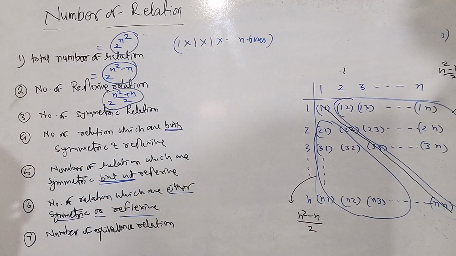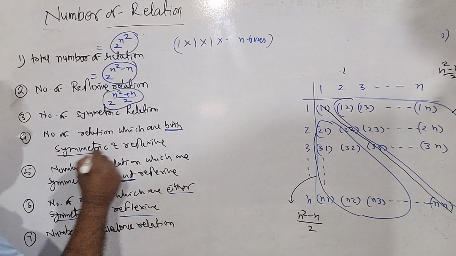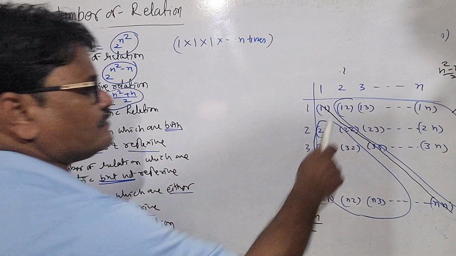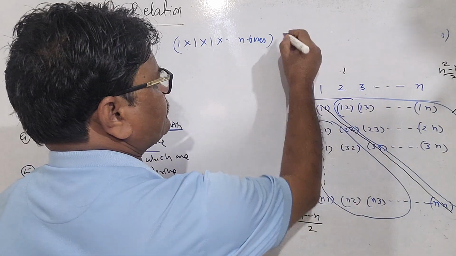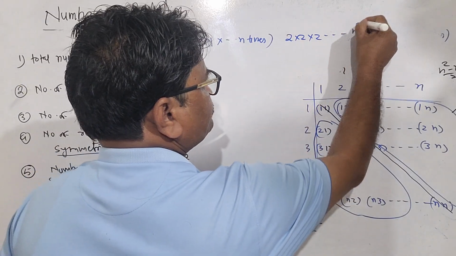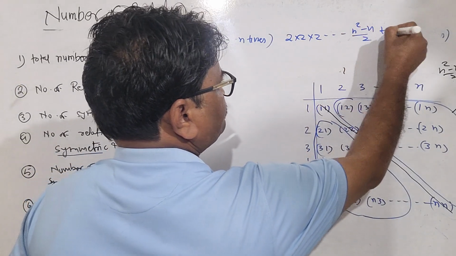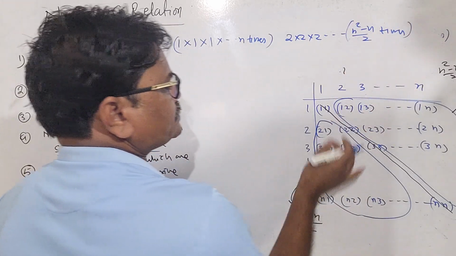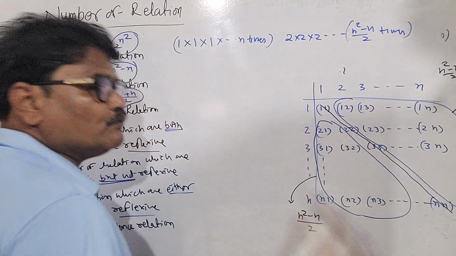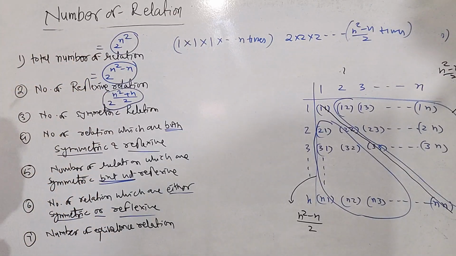And the relation has to be symmetric also. For symmetric, definitely (1,2) has two choices. So 2 into 2 into 2, (n square minus n) by 2 times, because if (1,2) is going, that means (2,1) has to go there.